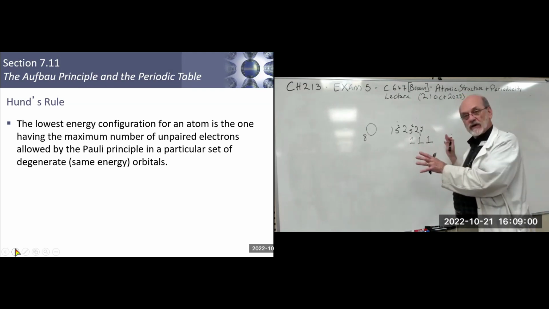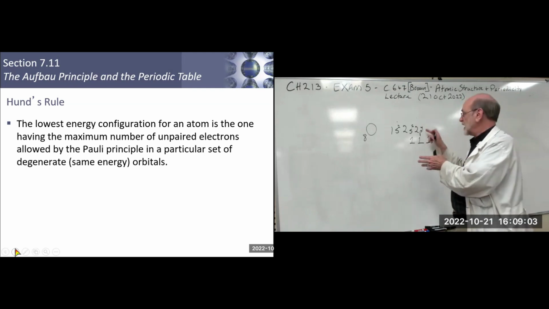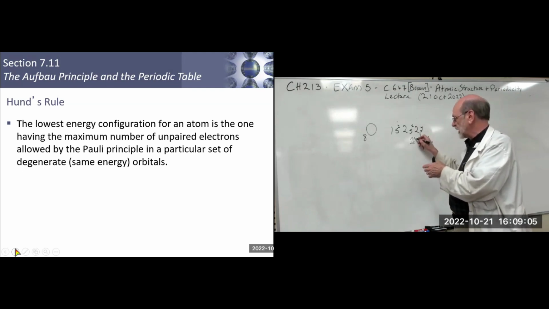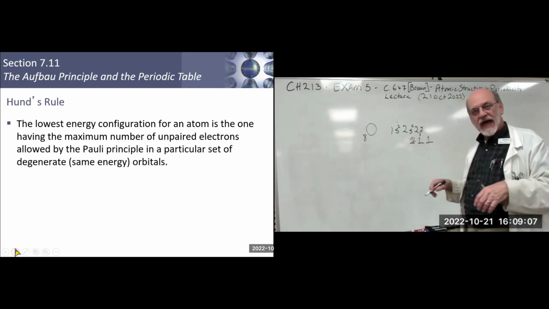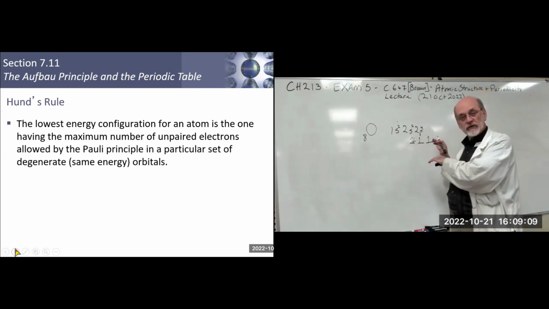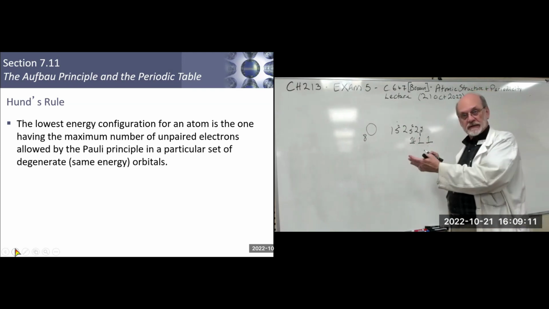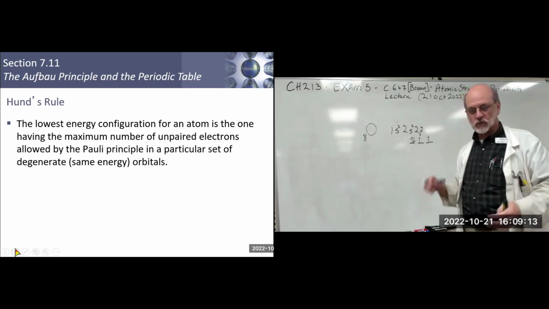They have to be unpaired until you run out of room, and then you go back and put the 4th one in. You can only pair them up after all the sublevels are filled with a single spin. That's Hund's rule.